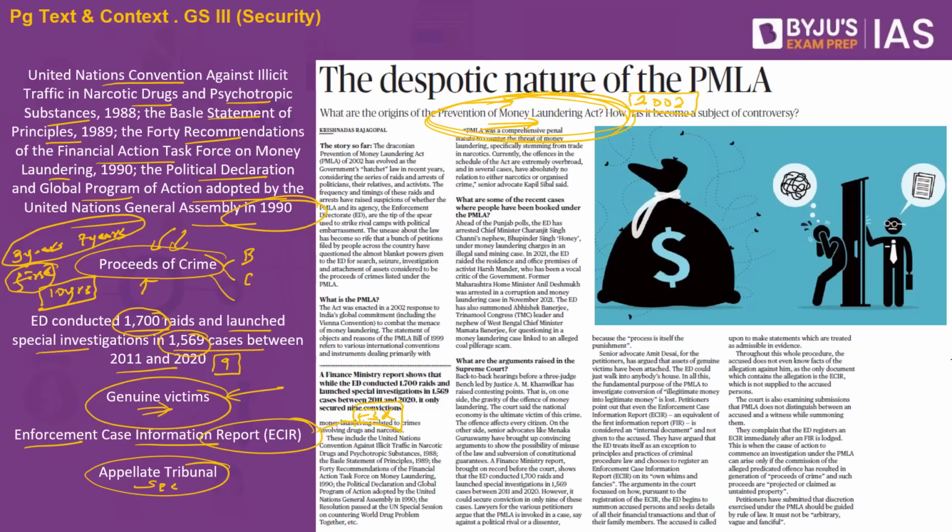This eliminates the remedy available to the accused against the unjustified attachment of property. So the law has a process with an appellate tribunal, but it is understaffed. When it is understaffed, who will listen to the grievances of the party who is called the accused under this law? All these are the major problems when it comes to the PMLA.